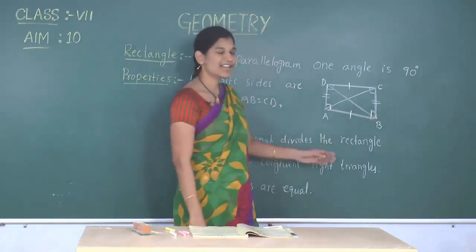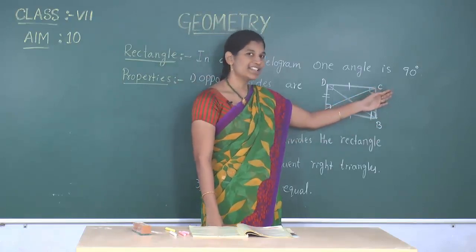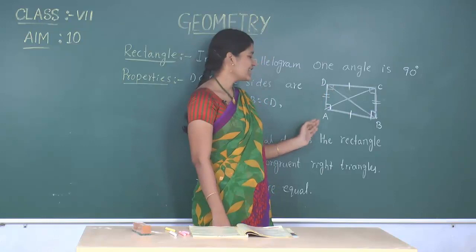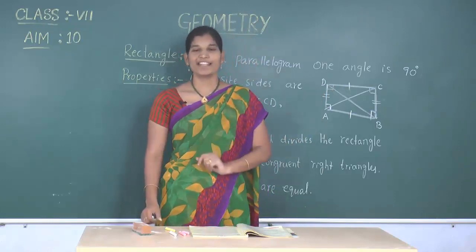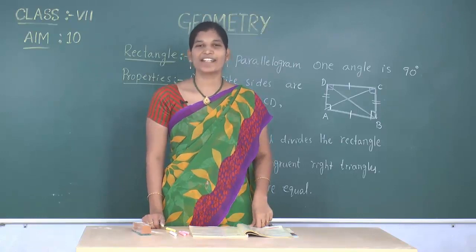Now here also add the adjacent angles. Here what are the adjacent angles? A, B, B, C, C, D, D, A. If you take the sum of the adjacent angles, definitely it will be equal to 180 degrees.